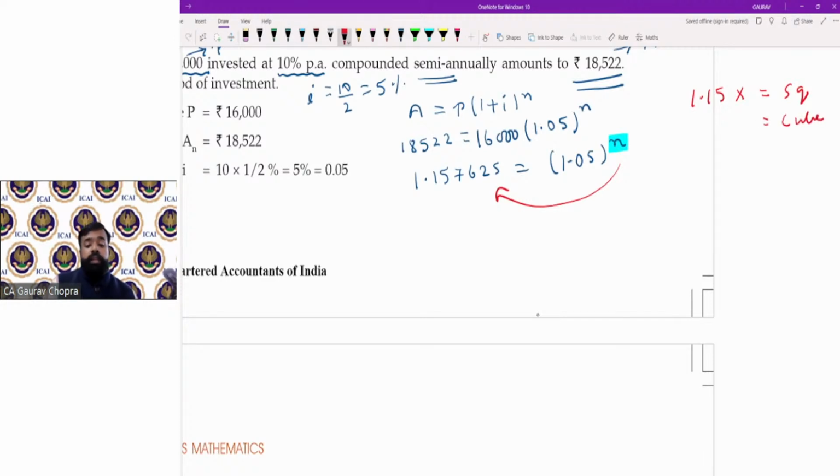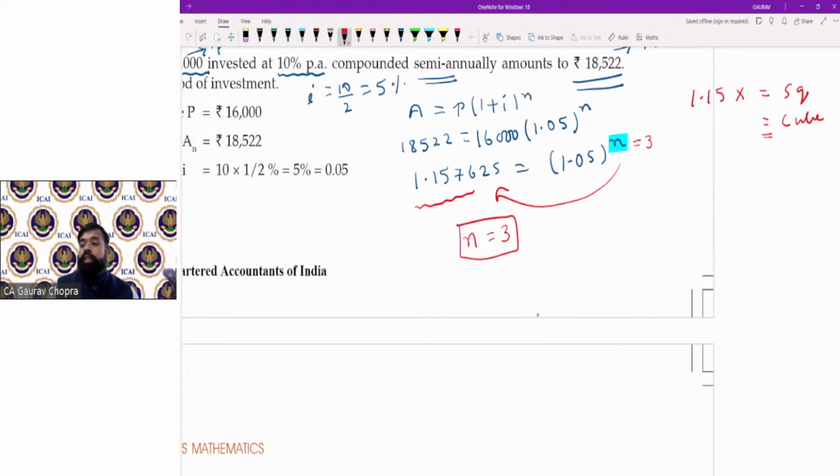So we have to check whether 1.1576 is coming or not. As soon as you press equal to the second time, you get 1.1576. We are getting exactly 1.1576. So as soon as n is equal to 3, we are getting the result. Therefore, n is equal to 3.